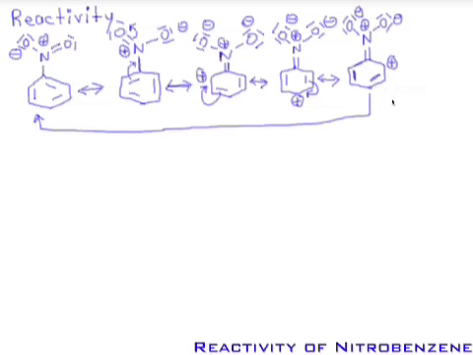Secondly, look where the positive charges end up. The positive charges actually end up in the ortho para positions. Well, if you're an electrophile, you go for where the greatest electron density is, and that's not where the positive charges are. Hence, electrophiles will prefer to attack the meta position.